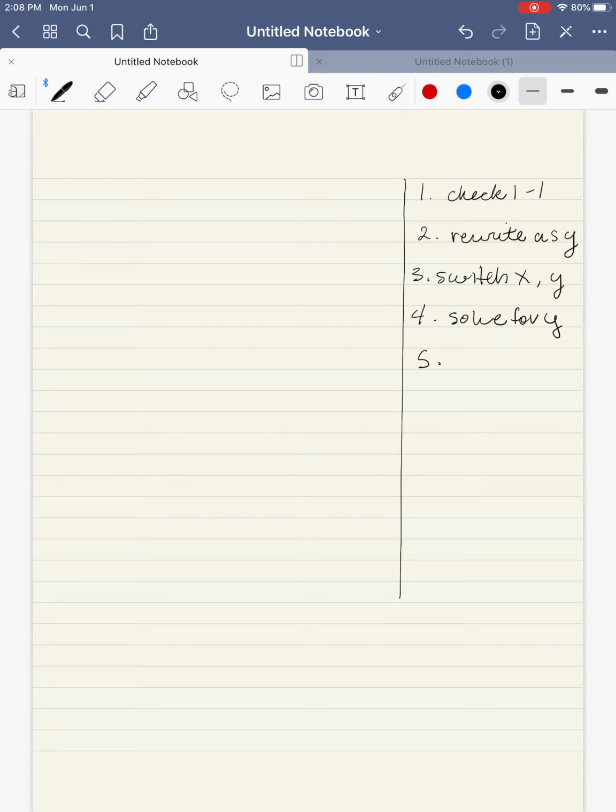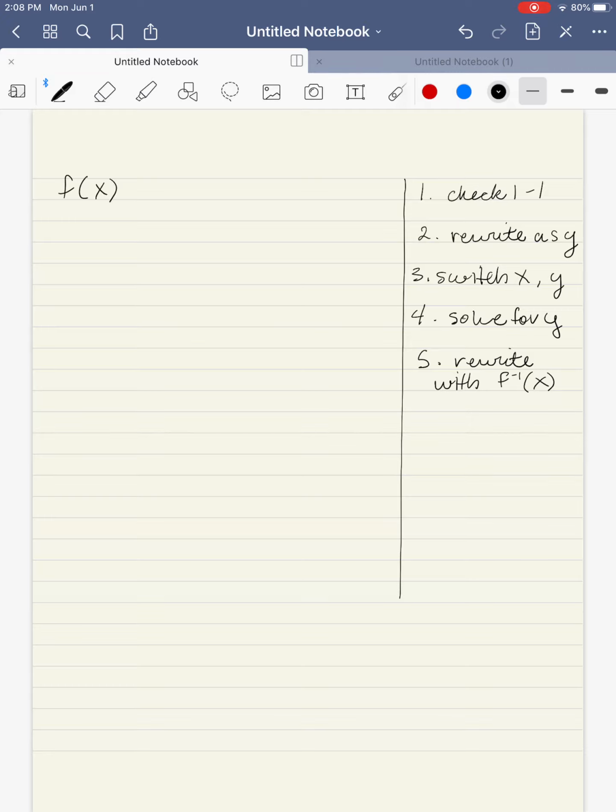Solve for y. And then rewrite with f inverse of x. All right.